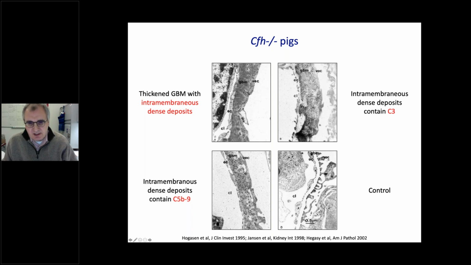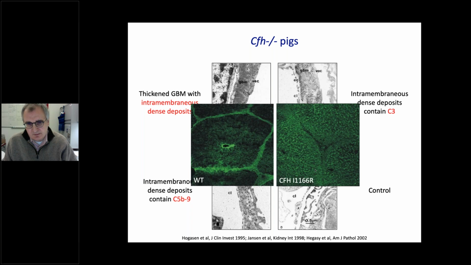So this picture really appeared like dense deposit disease, and that was where the first link systematically in an animal model was established between complement and the pathogenesis of C3G.